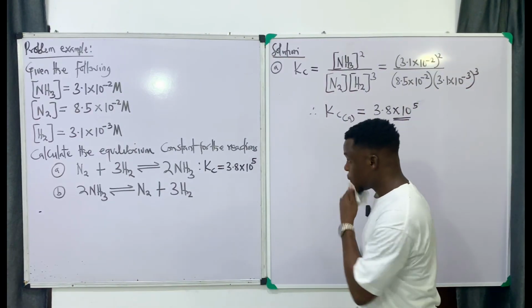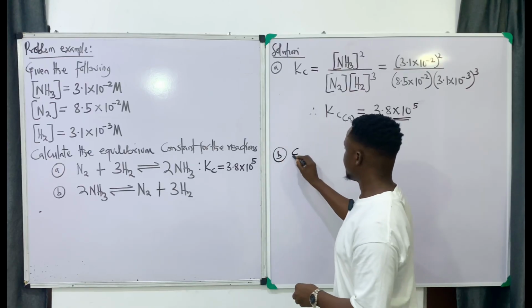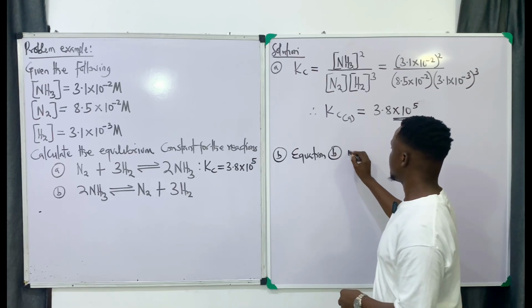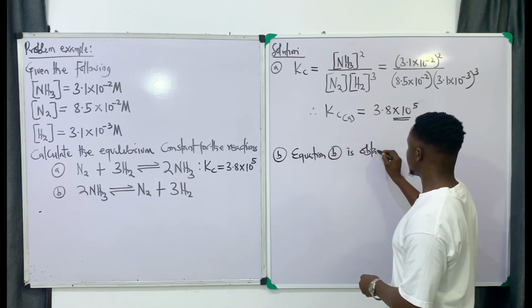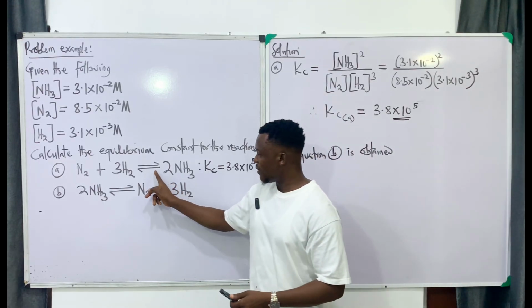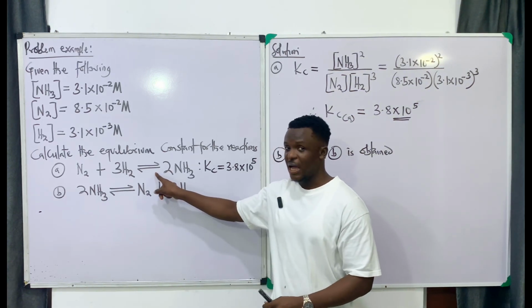So for me to solve for part B, I'll say equation B is obtained by reversing equation A. Why are we reversing it?